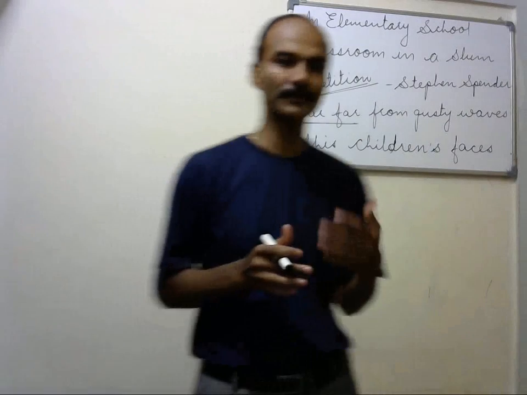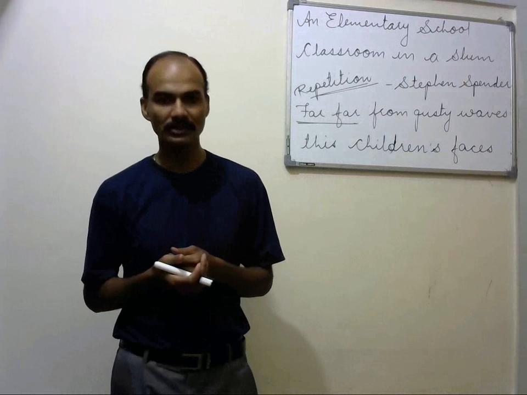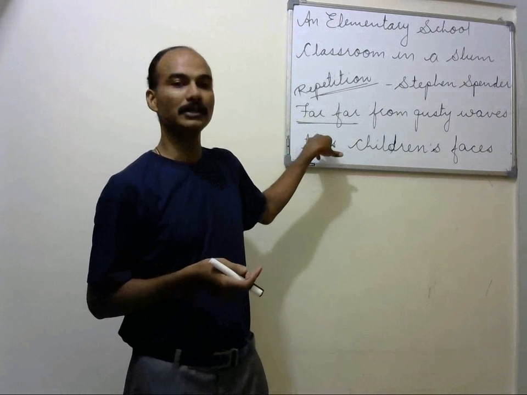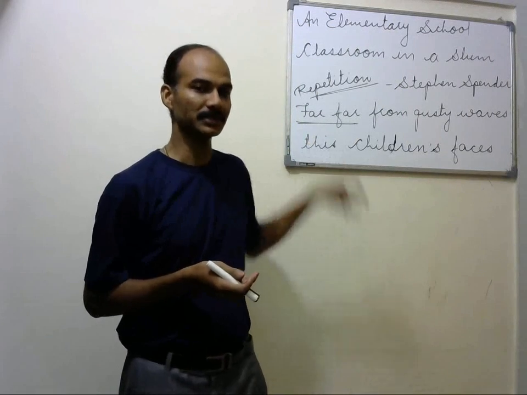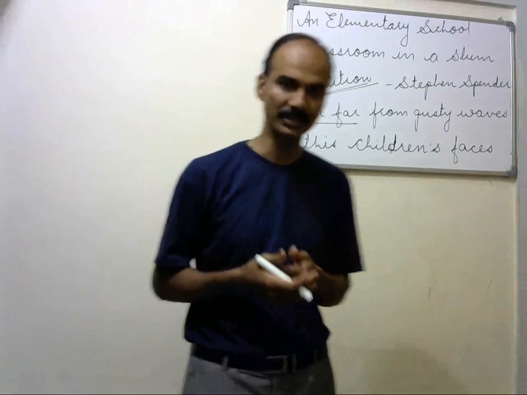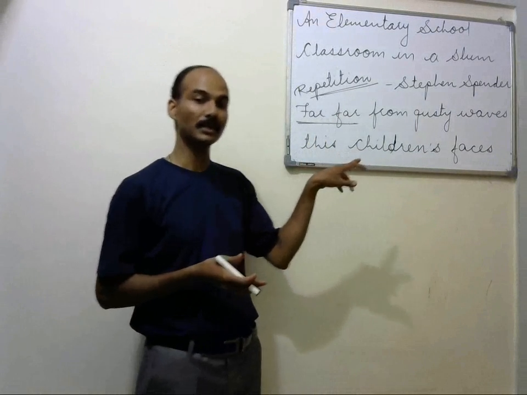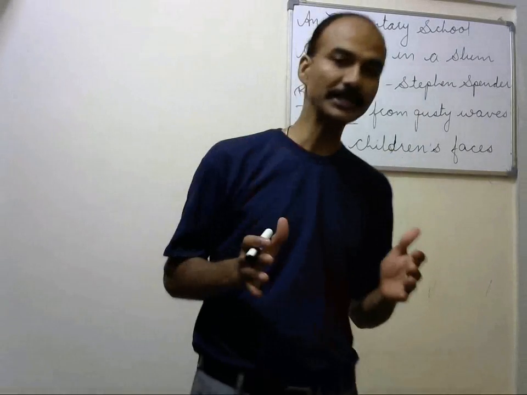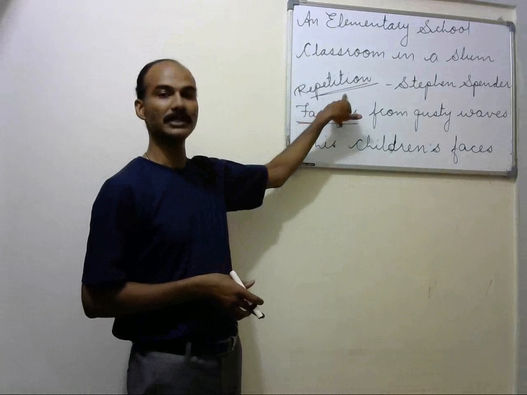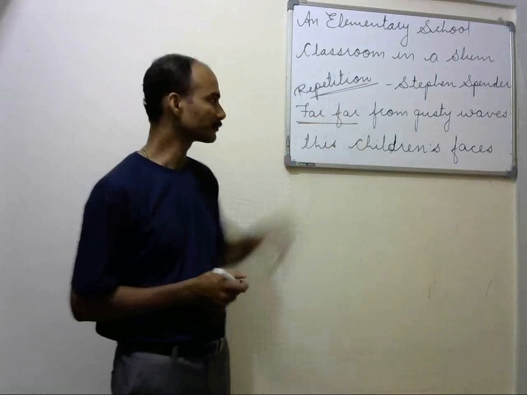Alliteration is the repetition of consonant sounds in consecutive words. But I say repetition here, because with repetition, alliteration will always be there, but it's not necessary that if alliteration is there, repetition should also be there. That's why the poet has used repetition in the first line.